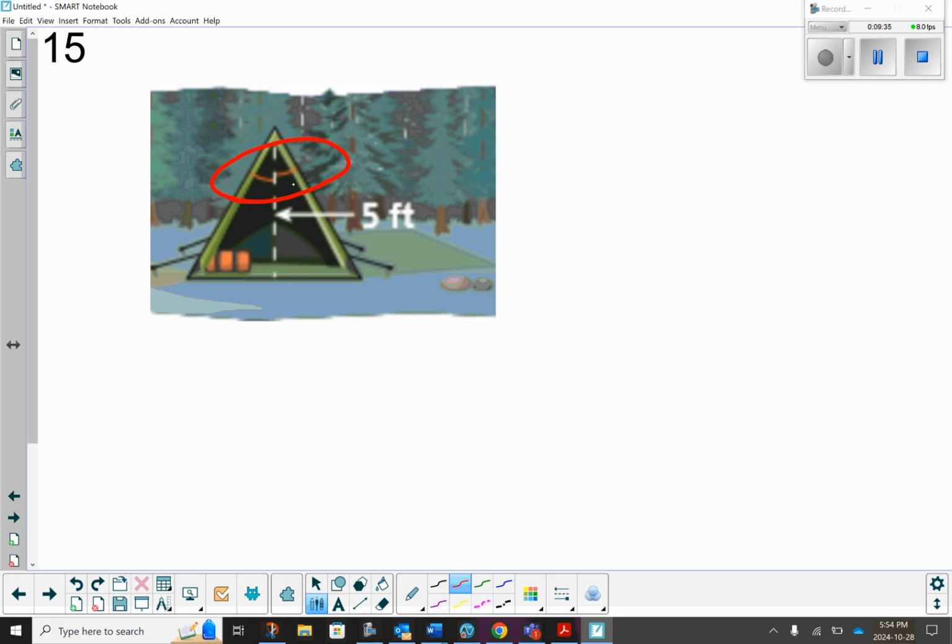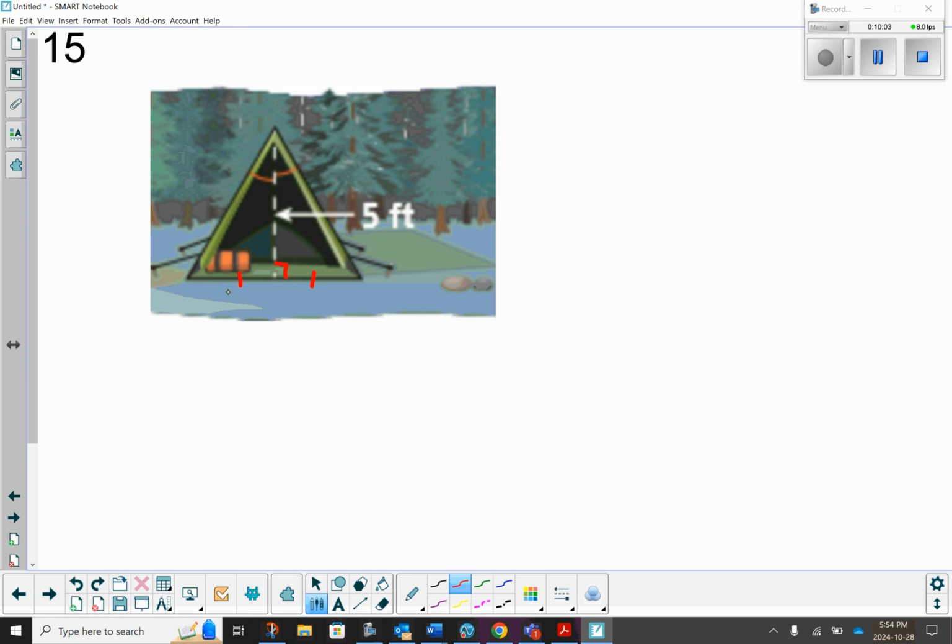That 5-foot height, it's not big enough for me to stand up, is marked as an angle bisector. Well, if that's true, it's a multitasker. It's not only the bisector of that vertex angle, it has to be the perpendicular bisector of the base.